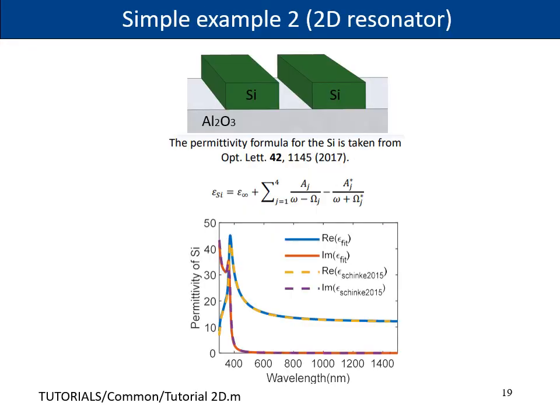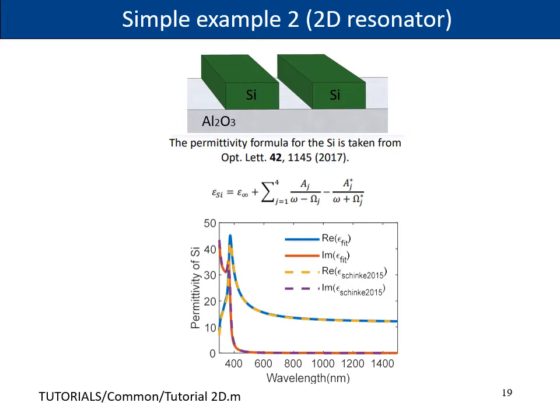Let us discuss the simple example provided in the tutorial 2D.m program. In this simple example, we would like to compute the quasi-normal modes of a coupled 2D silicon nanowire on a substrate, as shown in the figure.